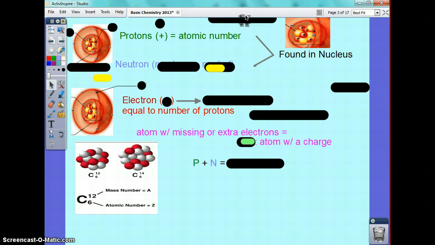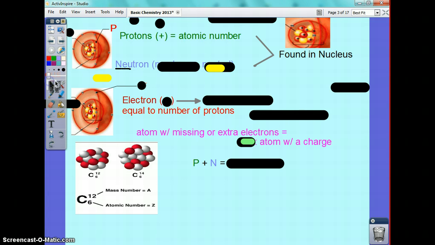What can you tell me about a neutron, besides that it's found in the nucleus? What's a neutron's charge like? Neutron doesn't have anything. Okay, underline NEU, good.